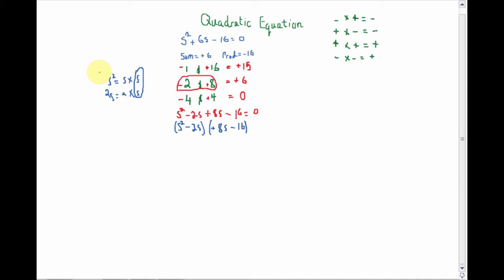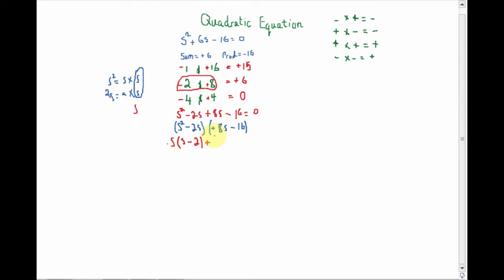What is common? x is common. So write x out. And what do we have left? We have this x left. Plus times minus gives us minus. So we have minus, and what we have left here is 2.